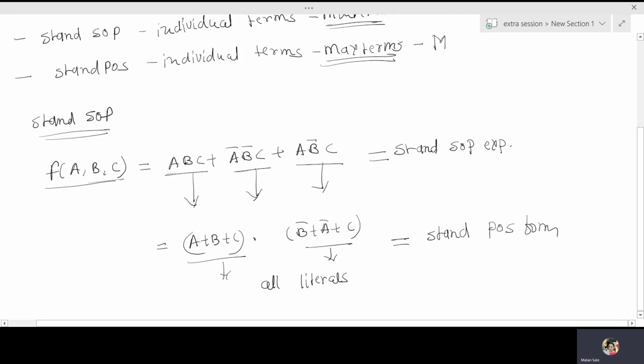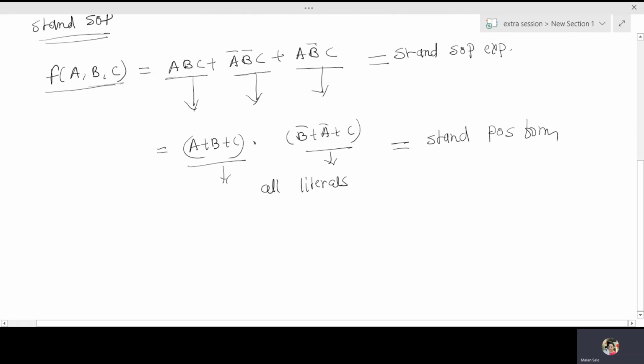If one of the literal is missing in either a sum term or product term, then the SOP and POS expression are not in the standard form, and we need to convert the expressions in the standard form to perform some other operations.